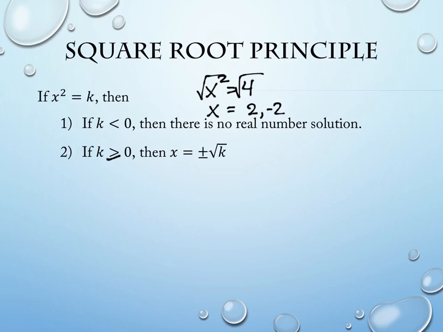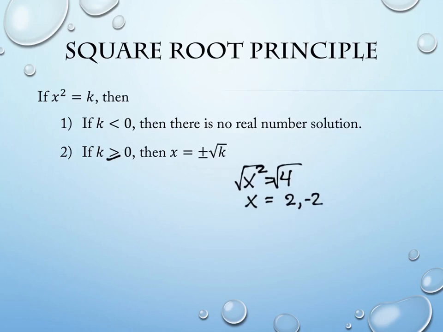And that's actually the second part of this. The first part says that if the k value itself were negative, you'd have no way of getting a solution. In other words, if you had something like x squared equals negative 4, within the real numbers there are not 2 numbers that are identical to one another that multiply together to give you negative 4. 2 times 2 is positive 4.